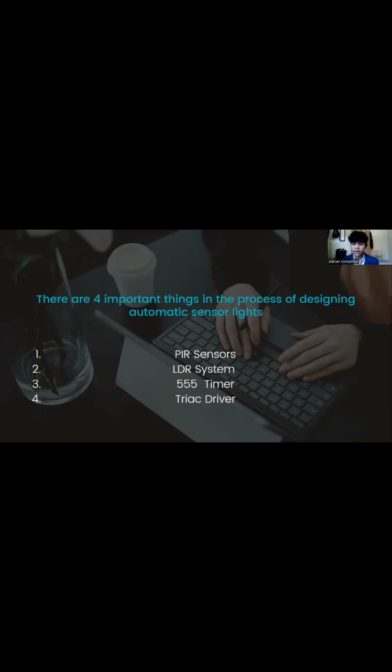Third, using a 555 timer circuit is carried out to find out the length of time resulting from the designed timer and the amount of the output voltage. The timer functions to keep the system running as long as the timer is triggered.